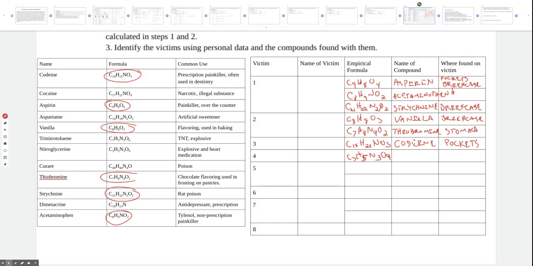All right, that compound, 3539, is nitroglycerin. Okay, nitroglycerin, and that was found in blood and pockets. So that suggests that that person was carrying nitroglycerin and also had it in their bloodstream, which again means they ingested it at some point.